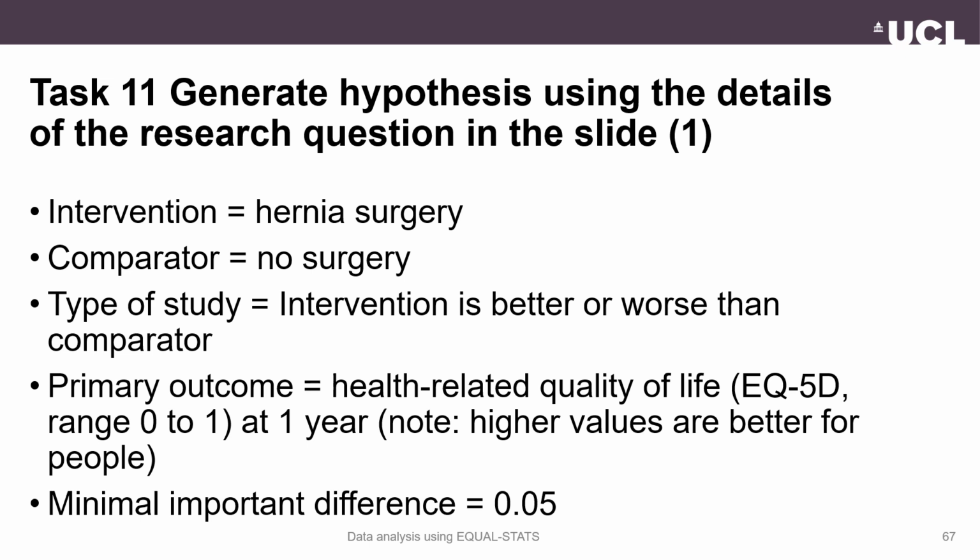Task 11 is to generate a hypothesis using the details of the research question in this slide. To perform this task, you need to start a new session of EqualStats. You can do this by refreshing the browser. Then you must choose Analyze data without uploading primary data.